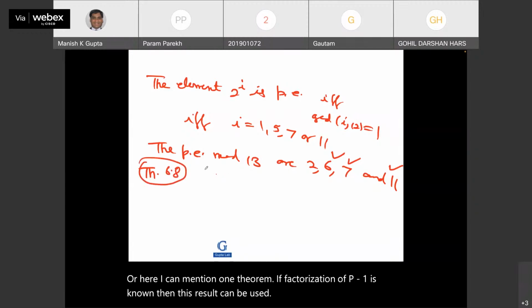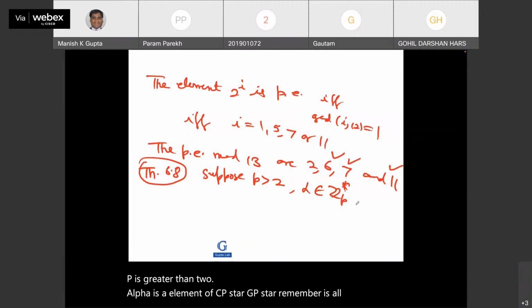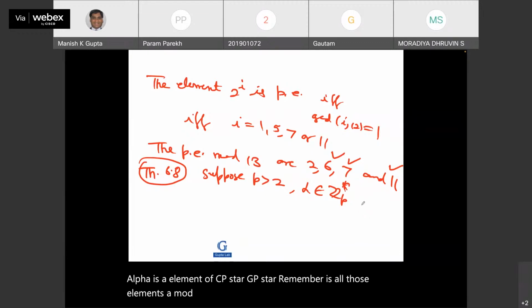Theorem 6.8. Suppose p is greater than 2, alpha is an element of Zp star. Zp star, remember, is all those elements a mod p such that GCD of a and p is 1.